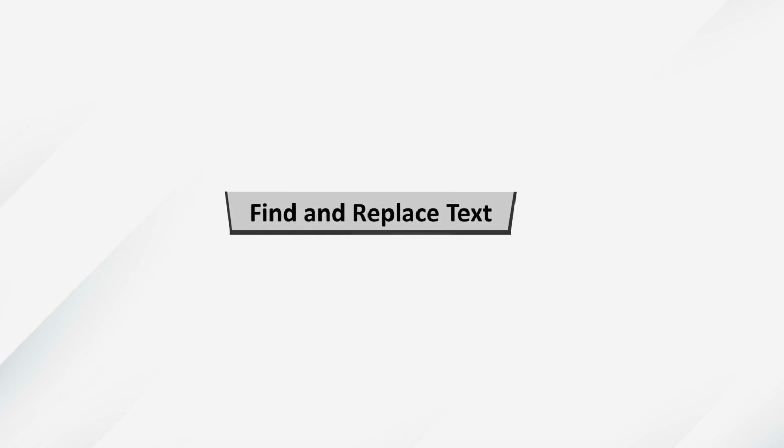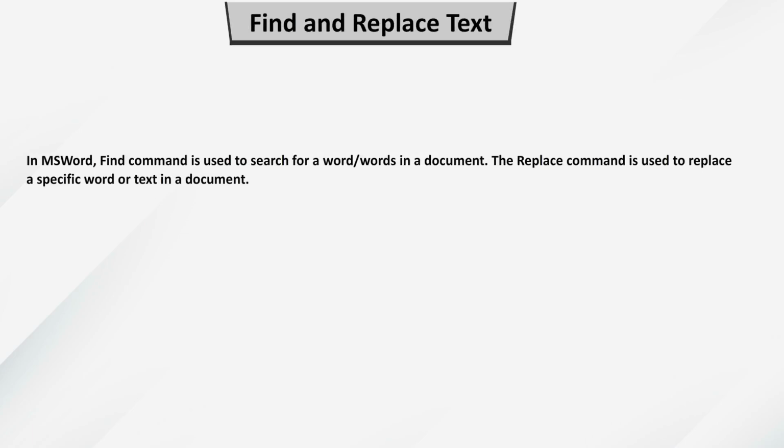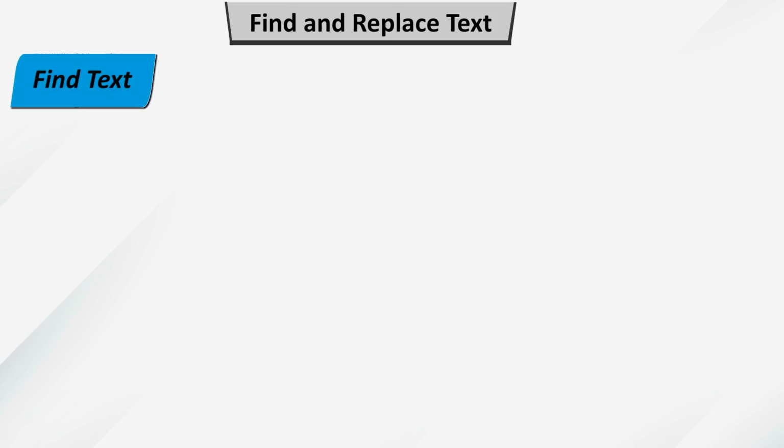Find and replace text. In MS Word, Find command is used to search for a word or words in a document. The Replace command is used to replace a specific word or text in a document. Find text.